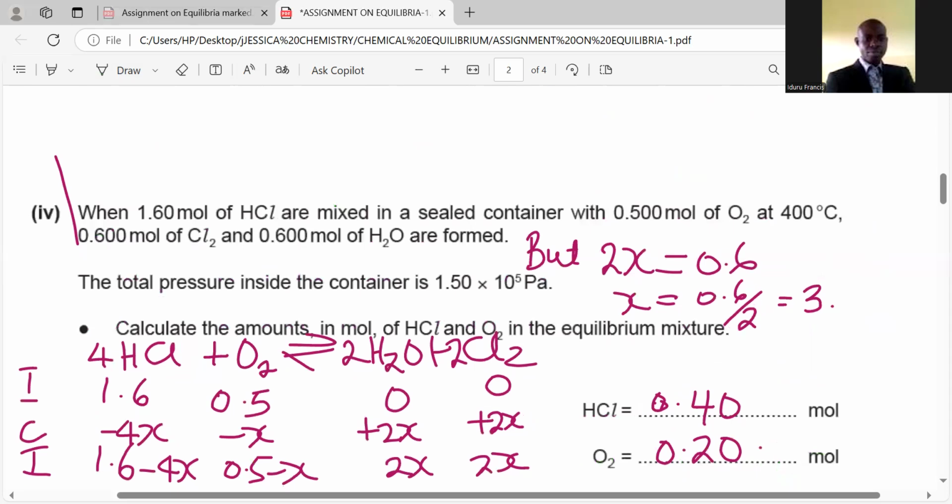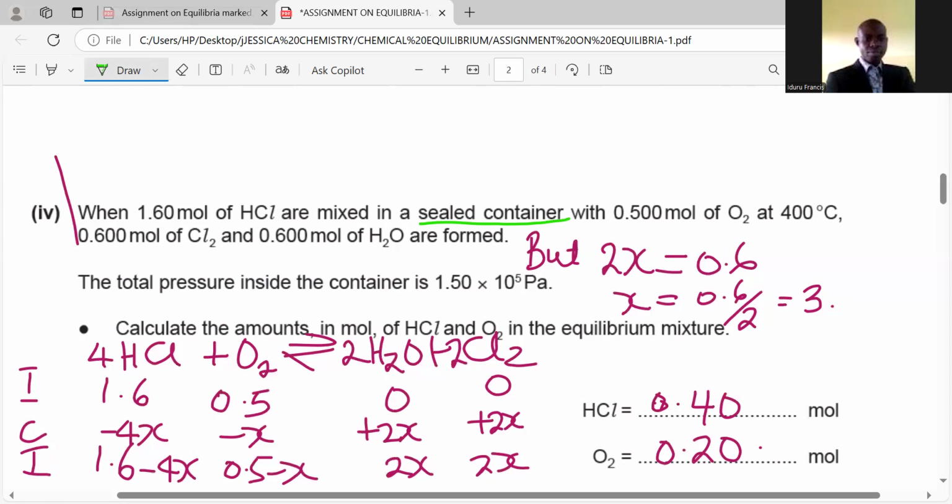When 1.6 mole of hydrogen chloride gas is mixed in a sealed container with 0.500 moles of oxygen at 400 degrees Celsius, 0.600 moles of chlorine gas and 0.600 moles of steam are formed.